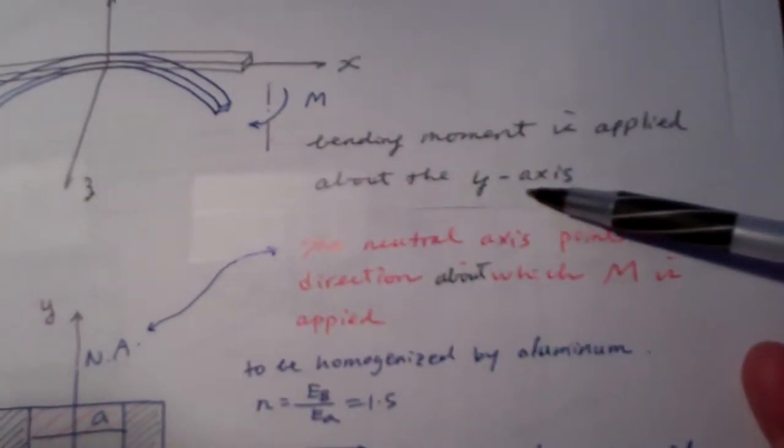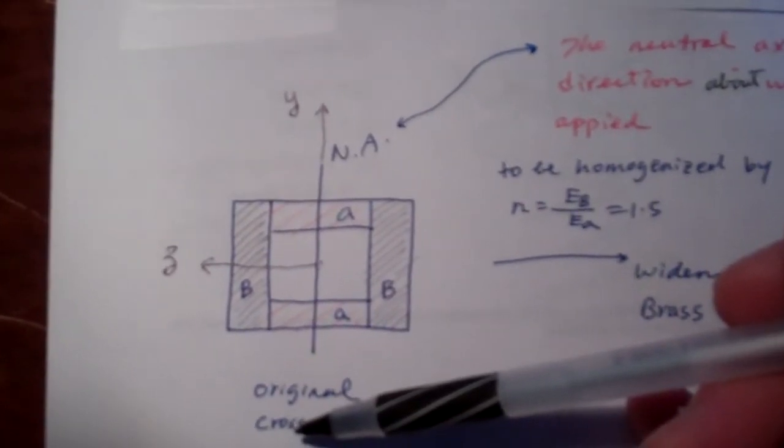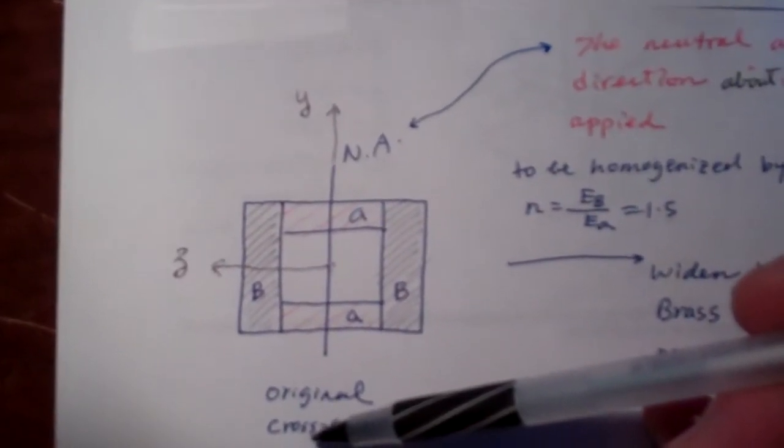That's the cross section. The neutral axis points to where the moment is bent about, which is y. So here, this is the neutral axis. This is a very key, very important step.